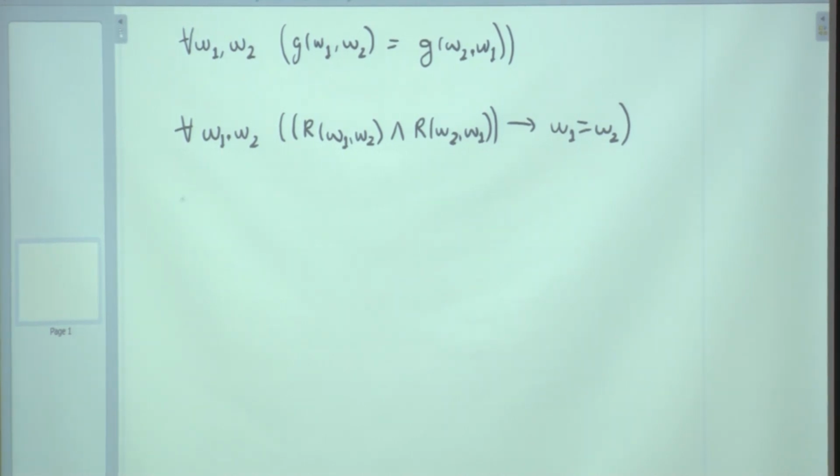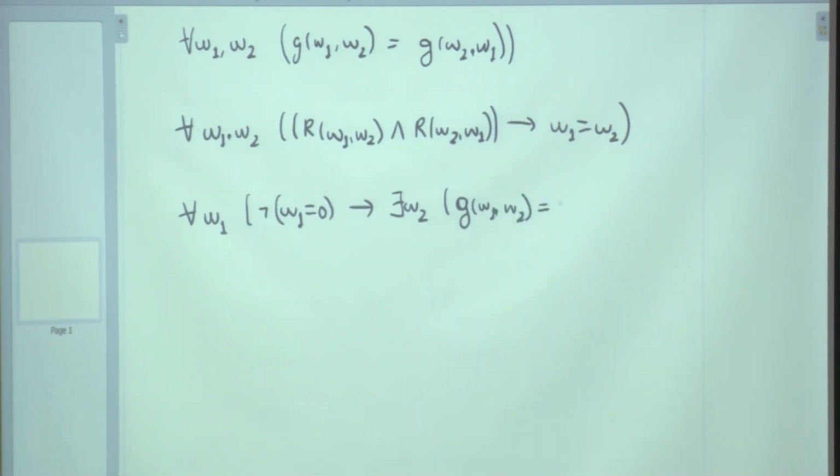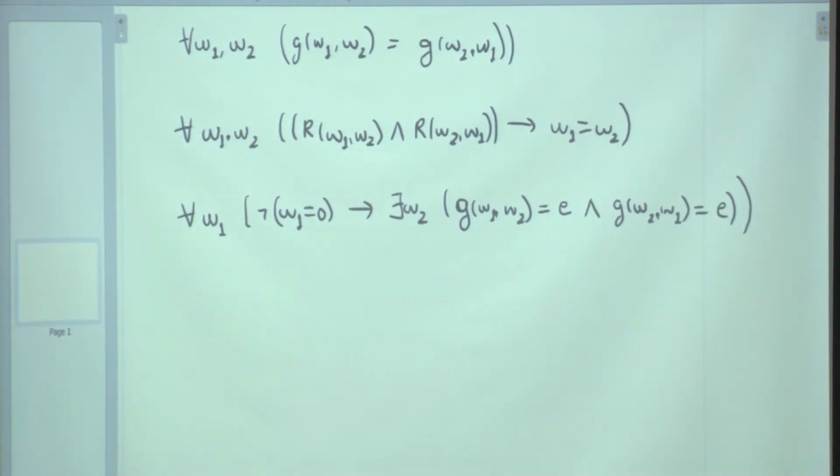And the last one I am going to write down is: for all W1, negation W1 equal to 0 implies there exists a W2 such that G(W1, W2) is equal to E and G(W2, W1) is also equal to E. What does this represent?